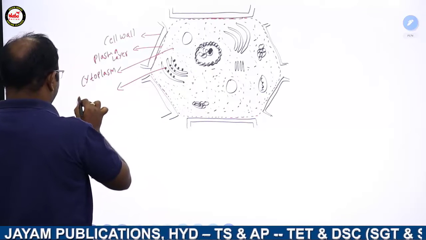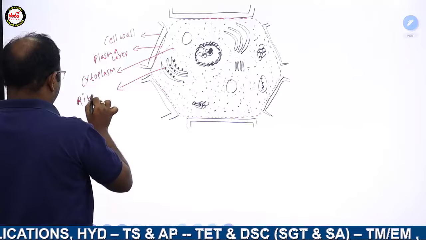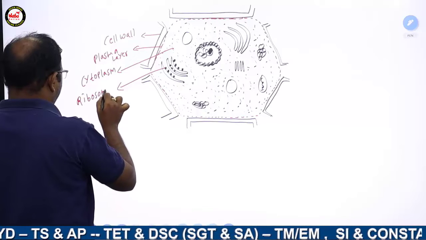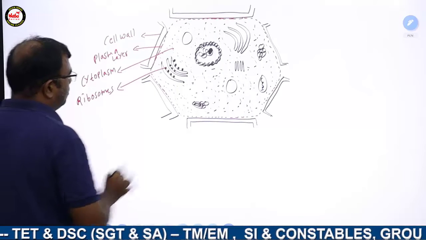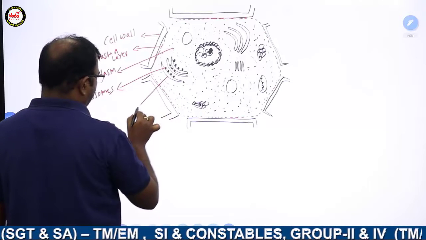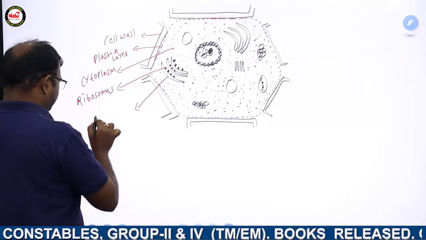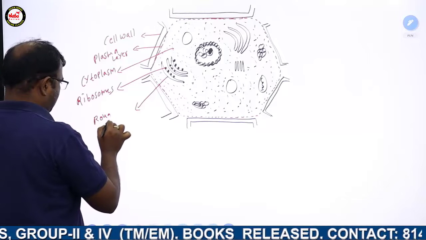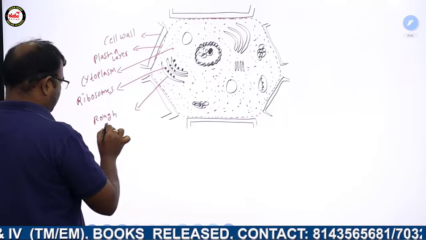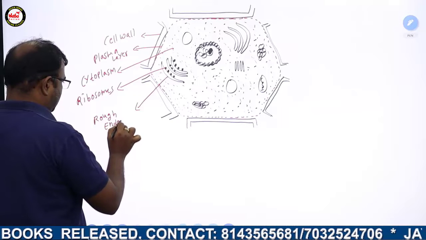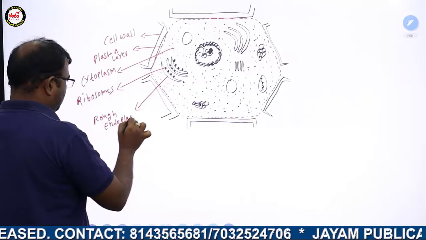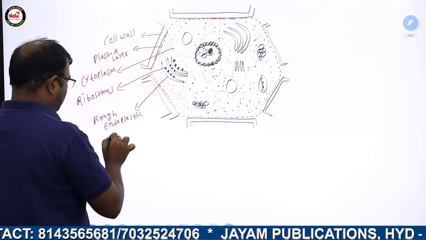This part is the ribosomes. And this part is the rough endoplasmic reticulum.